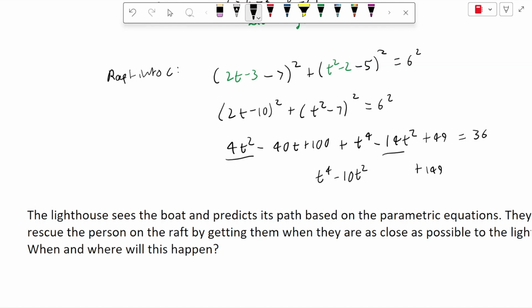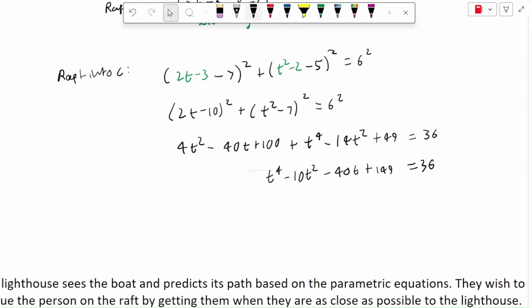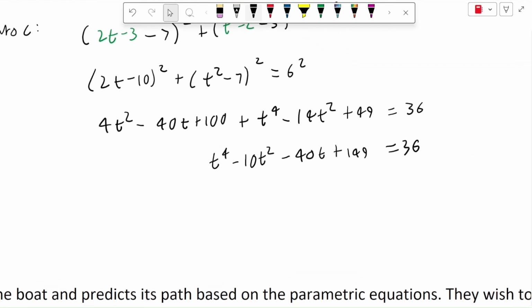And then we've got a minus 40t term, plus 149 equals 36. So that's expanded and simplified fully. So we're going to go t to the 4, take 10t squared, take 40t. We better take 36 from both sides. So that would be plus 113 equals 0.